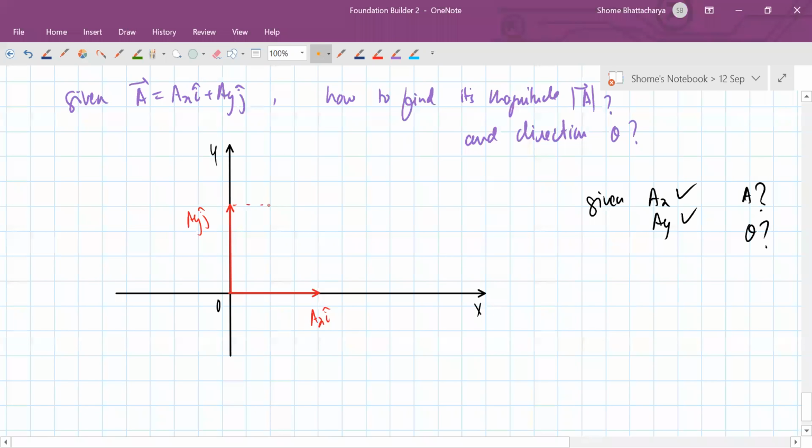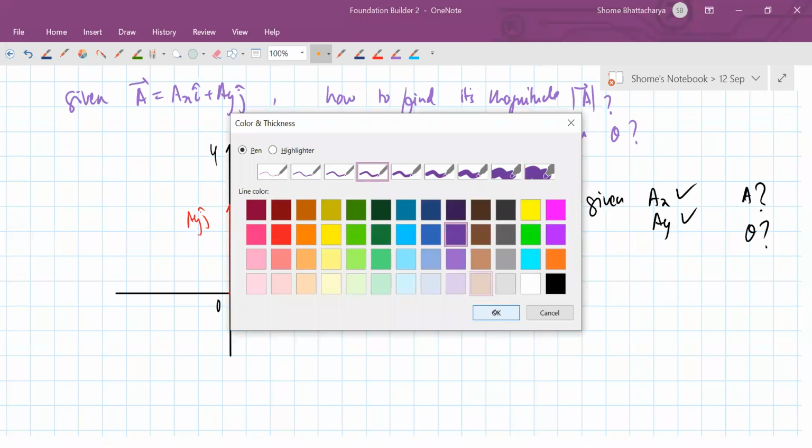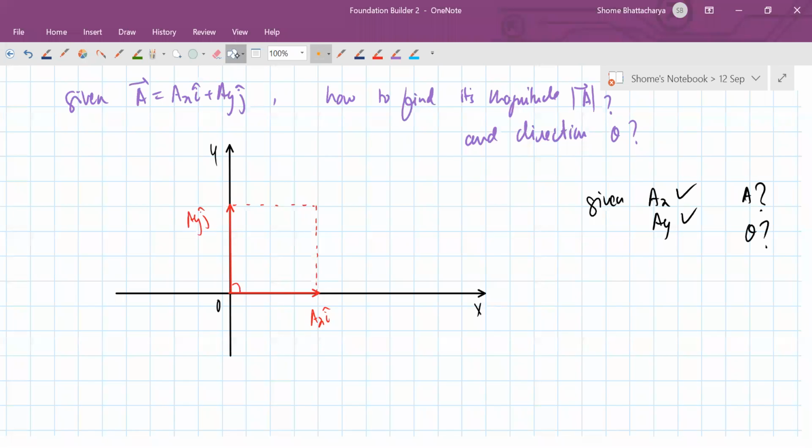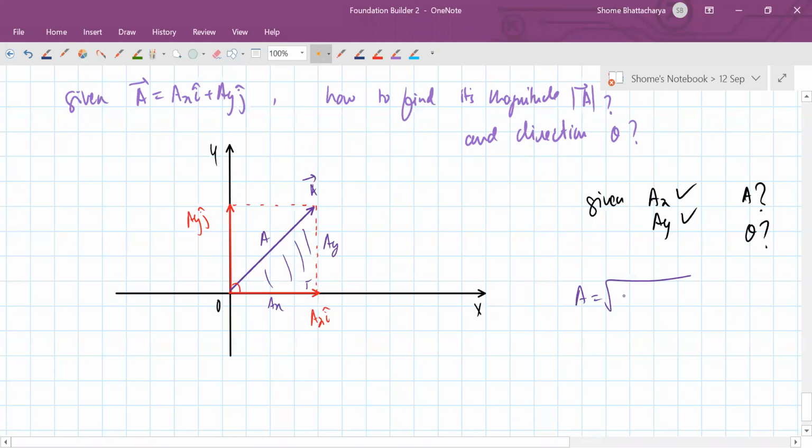So now what is the vector e? It will be the resultant sum of these perpendicular vectors. So in this diagram it will be nothing but this vector. This will be the vector e. Okay, so once again you can use Pythagoras theorem for this right angle triangle. This side is ay, this side is ax. So you can see that magnitude of a vector is this. Okay, and you can use trigonometry here.